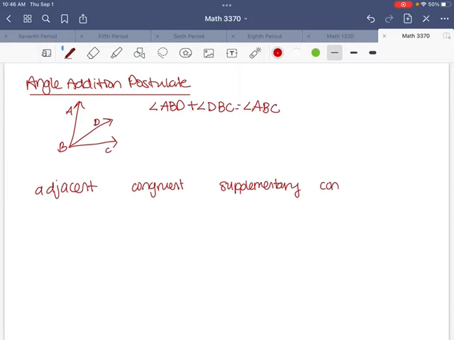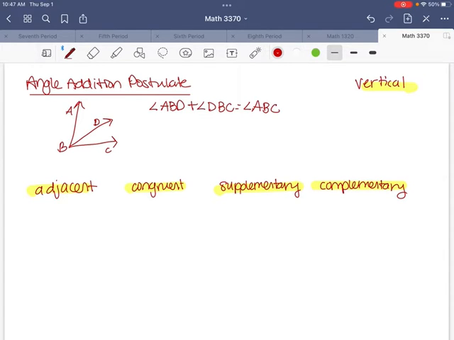And there's one more that I'm not going to have room for, so I'm just going to write it up here. Vertical angles. So these are all our types of angles. Again, please remember the material that I'm going over is what you would normally teach a high school geometry class. So I don't think it's too high level, but I think the important thing here is just understanding the content a little bit better.